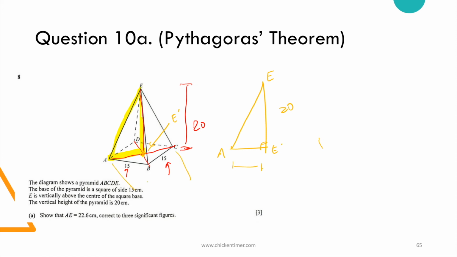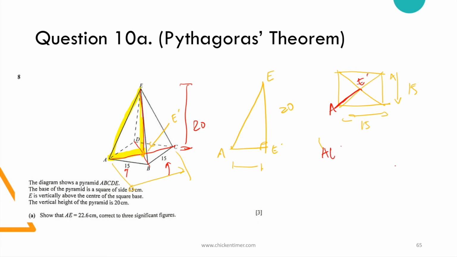AE is part of the diagonal of the square base. So we have the square base here, with sides 15. So AE is actually here. It's half the diagonal. So we will use Pythagoras theorem to find the diagonal.